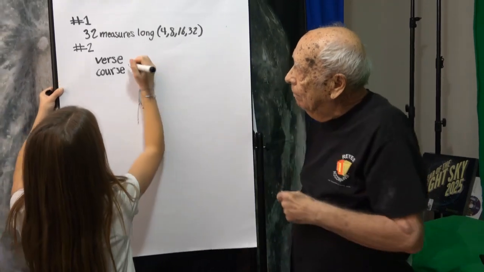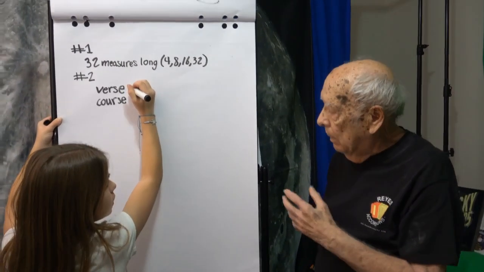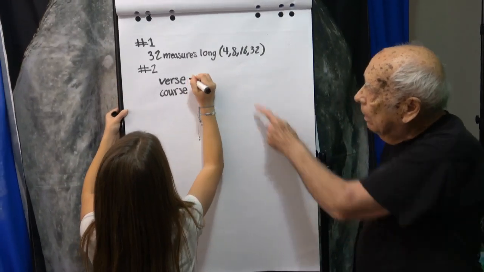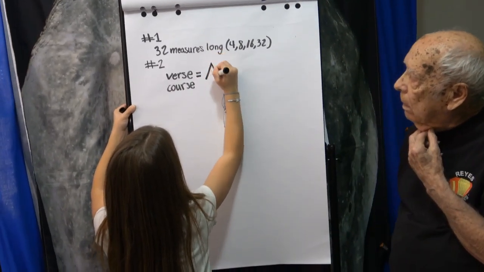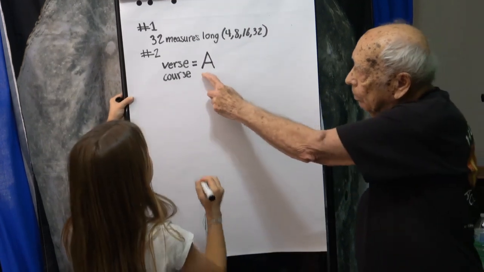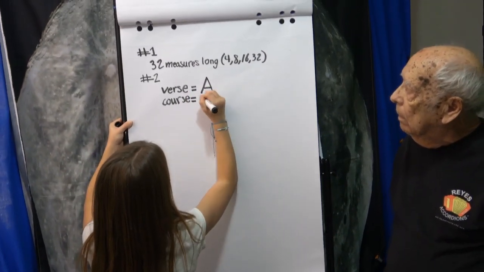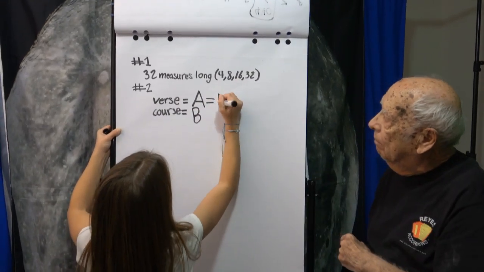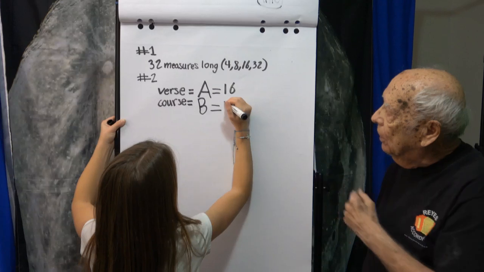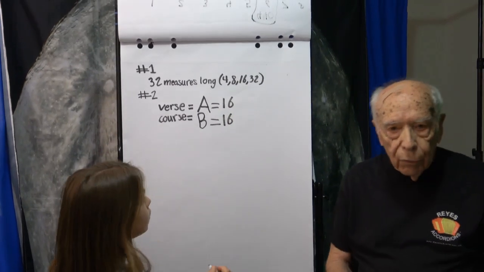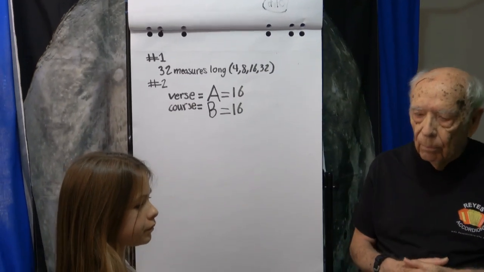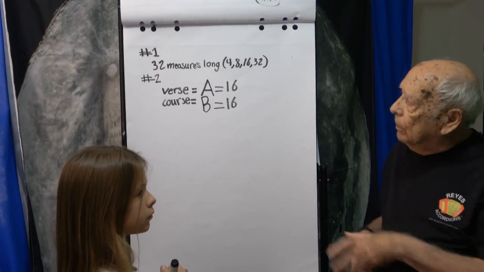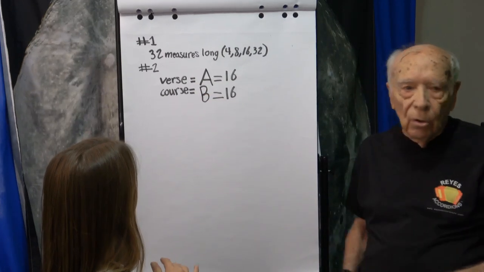Under verse, equals A. Verse equals big A, then chorus equals big B. Verse equals 16, chorus equals 16. So now, traditionally for 100 years, most of our folk songs, most of our Christmas carols, most of our songs will have a verse and a chorus.